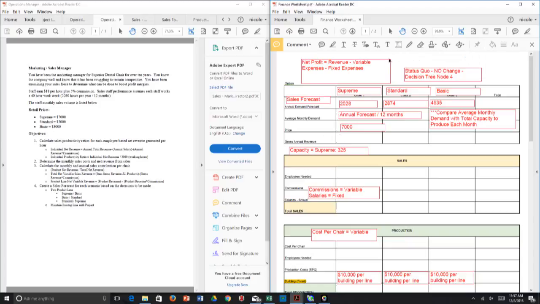So our gross annual revenue now is going to be our price times our annual forecast or annual production if less than forecast. Because again, we can't sell more than we can make. So that's where we make sure we have our double check in there.